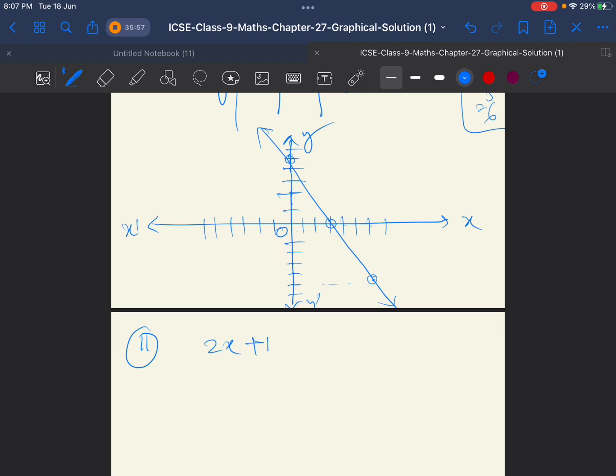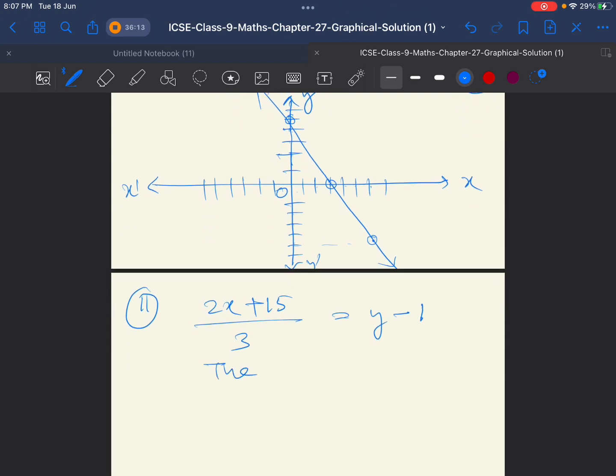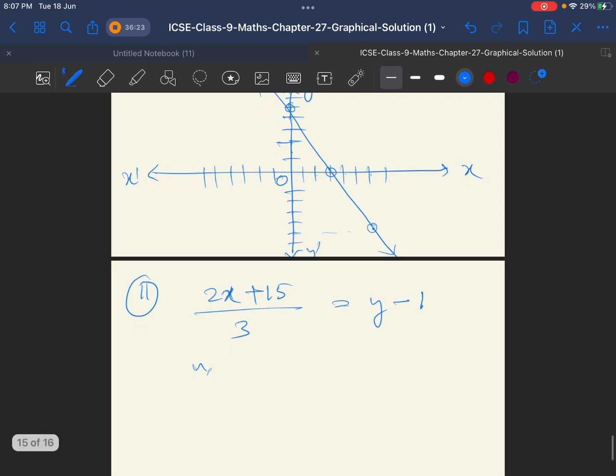Okay, second question. 2x plus 15 by 3 equals to y minus 1. So now we make a table. The table is, first we make subject.